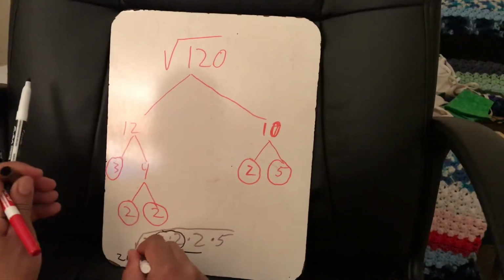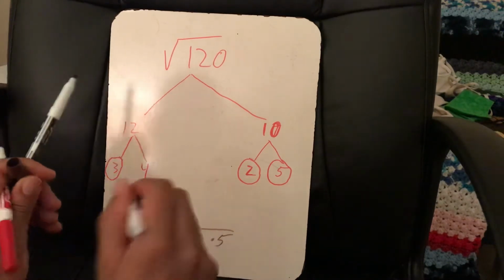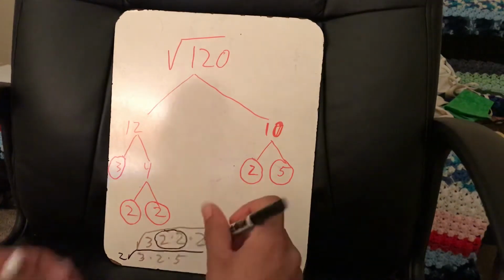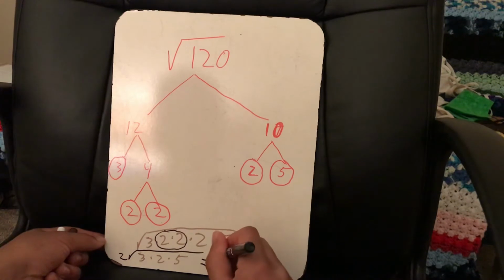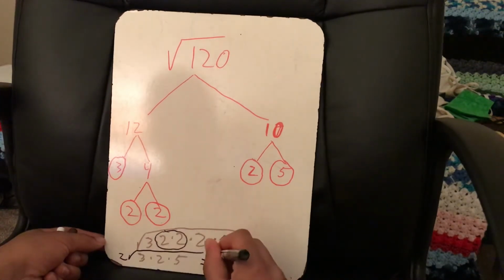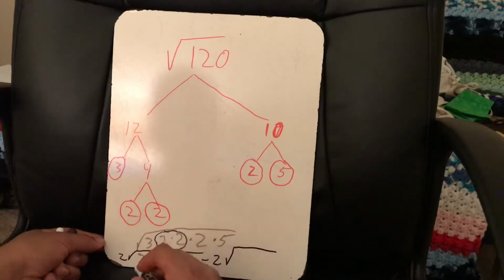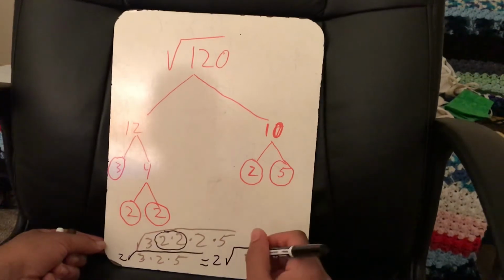What do I have left under the radical? I have a 3 times a 2 times a 5. And now that there are no more pairs on the inside, and I have all prime numbers on the inside, I can multiply those prime numbers together. I'm going to make sure I bring this 2 over, so 2 times radical 2 times 3 is 6, and 6 times 5 is 30.